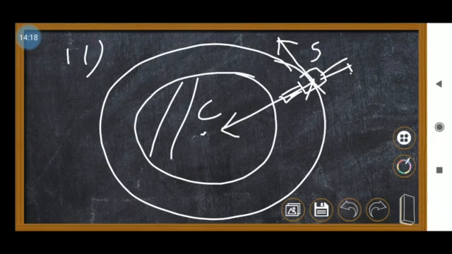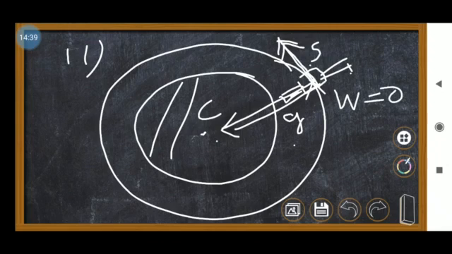So the gravitational force is acting towards the center, but the displacement is along the tangential direction. So force and displacement are perpendicular to each other. That means the work done should be 0. Whenever force and displacement are perpendicular to each other, the work done is 0, students.